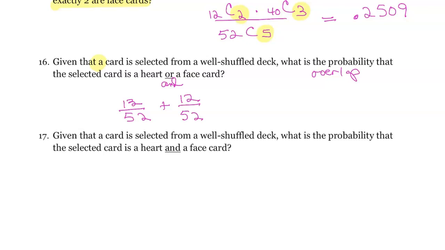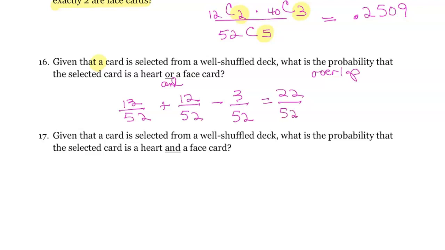But you have an overlap because of the face cards, 3 of them, Jack of Hearts, Queen of Hearts, King of Hearts, are hearts and face cards. So you are going to subtract away the overlap, and that's going to give you 22 over 52.